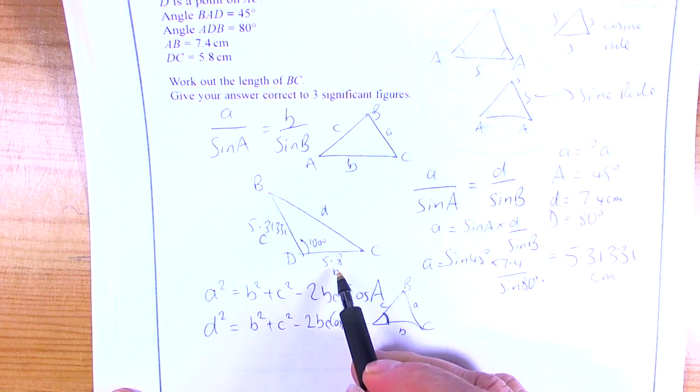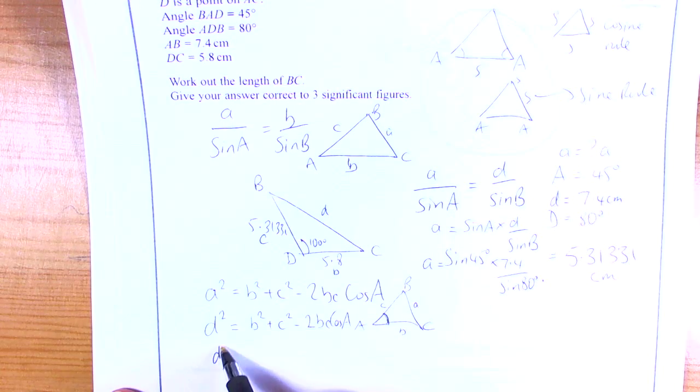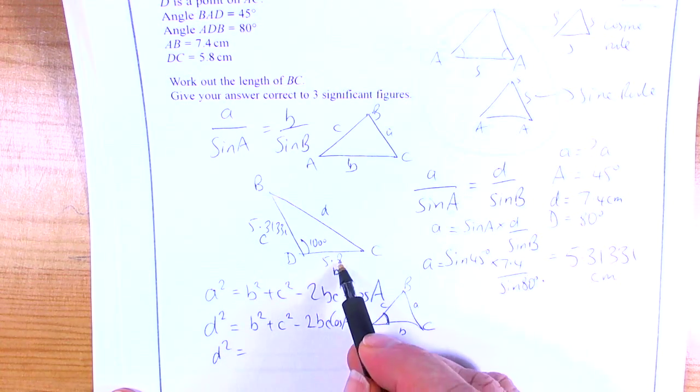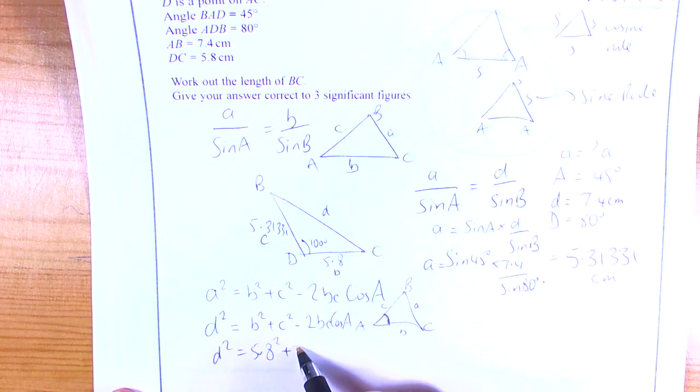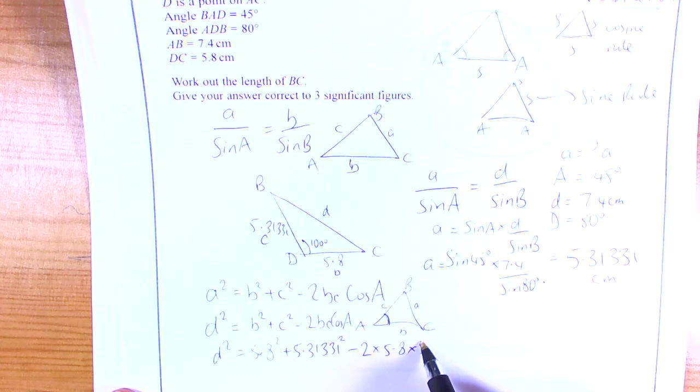We know that little d was the thing we're trying to find. We know that little b was 5.8. We know that c was what we found in the other triangle, so 5.31331, and we're taking away 2 times 5.8 times 5.31331 times the cosine of 100 degrees.